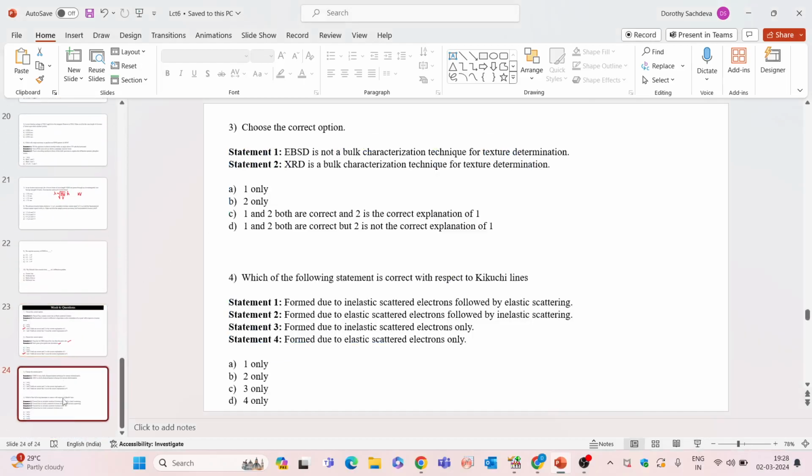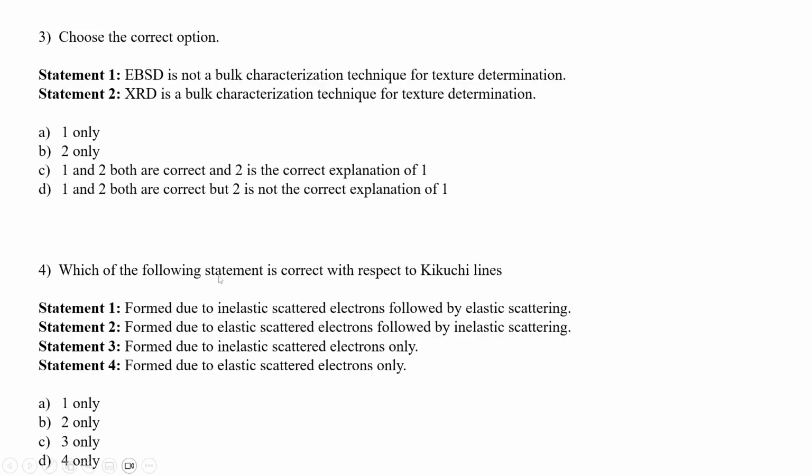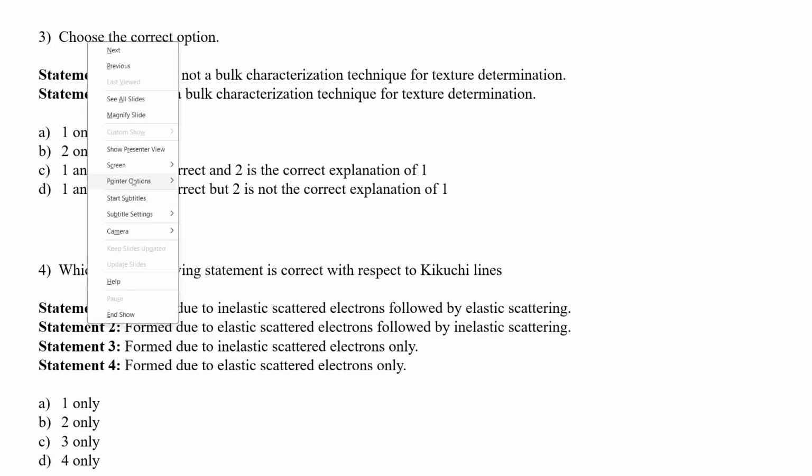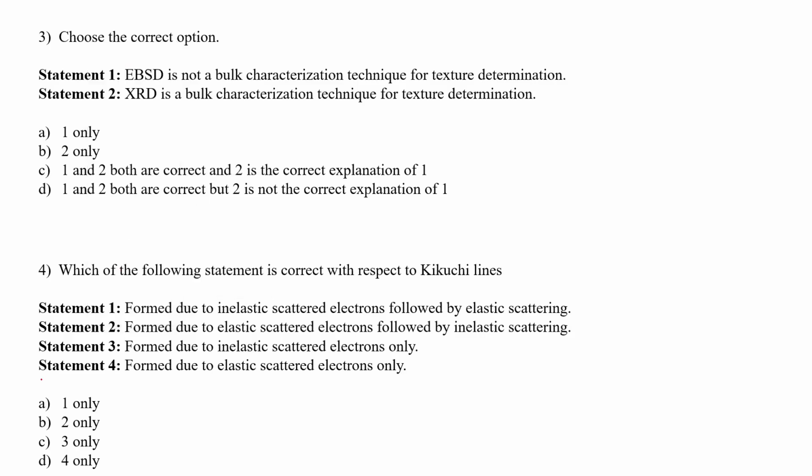So according to this, only statement 1, so that means option A will be the correct answer for this question, which says that the Kikuchi lines are formed due to inelastic scattered electrons followed by the elastic scattering. This is the combination of both the elastic and inelastic thing.